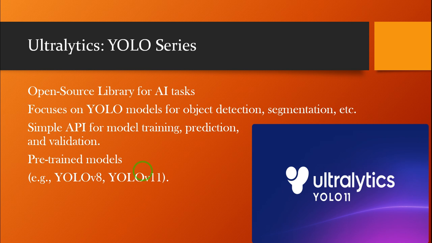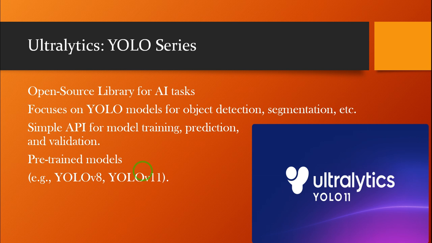This is an open source library for AI tasks and it can be easily obtained, or you can use the GitHub repository to run this model. If you go to Google and search for YOLO, you can find the repository.